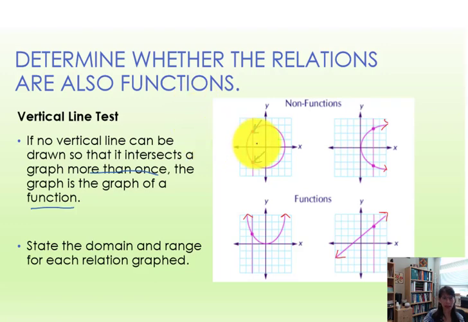To state the domain of this relation, then, if it's not a function, then it can only be called a relation. The domain is going to be describing the possible x values. So you can see that we pretty much have a boundary on the left and right side of the circle.